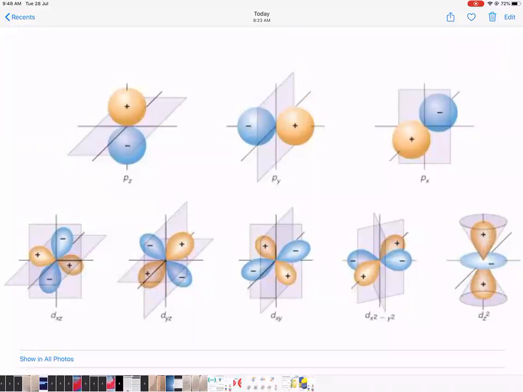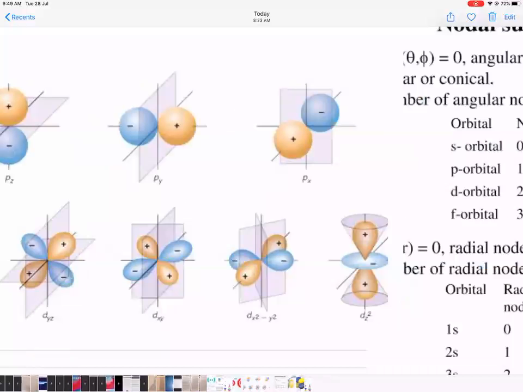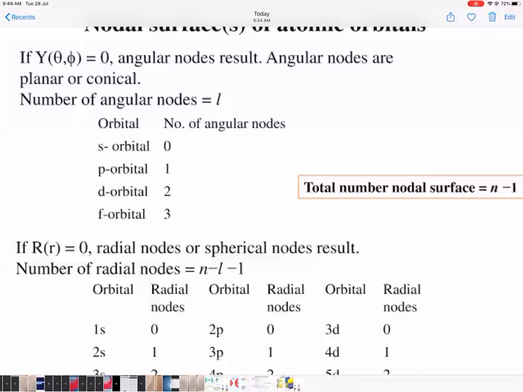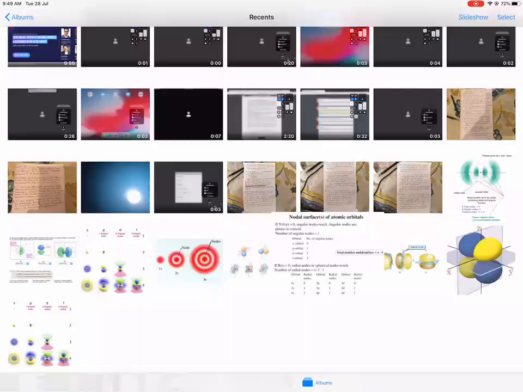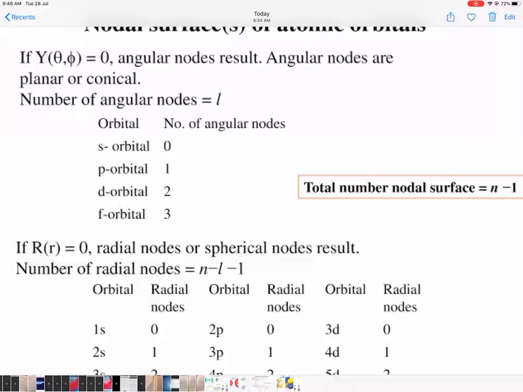Then you have something called the radial nodes. This is one formula which I would advise all of you to remember. The number of angular nodes: s is 0, p is 1, d is 2, f is 3. These are the L values.